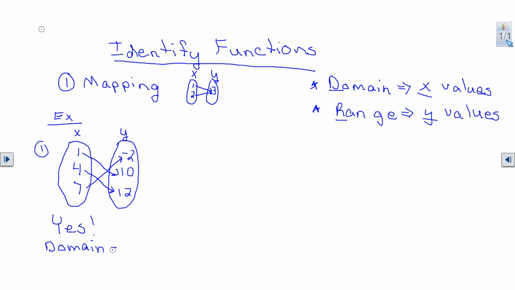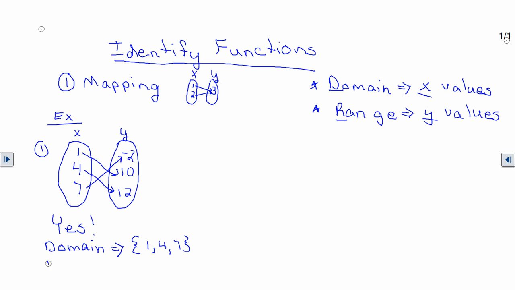So over here, if I were to ask for the domain of this function, it's a lot similar to how you would map it. You will not have repeats, and you don't do it in order. So your domain, I did set notation again, because domain is a set of the x values: 1, 4, 7.